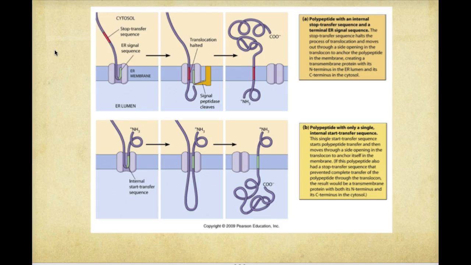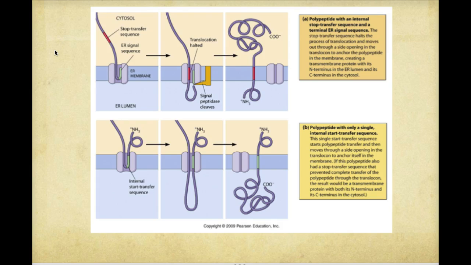As you move to the center image up top, you can see that the protein is growing longer and longer. But now we can see this red sequence. That's the stop transfer sequence. When it gets translated, as it passes through the pore, it's going to stop. It's hydrophobic, and it's going to be attracted to the tail region.